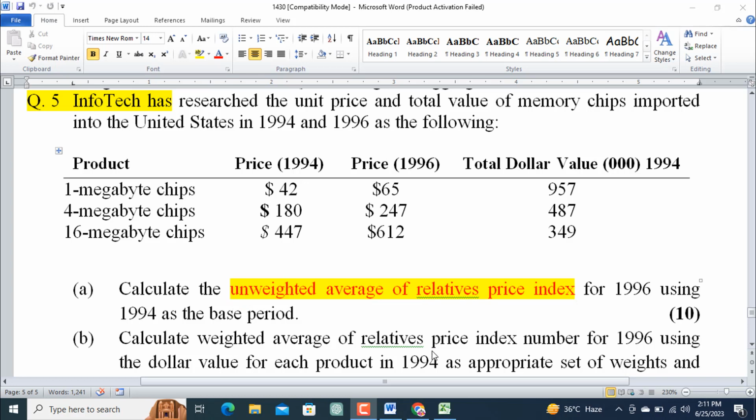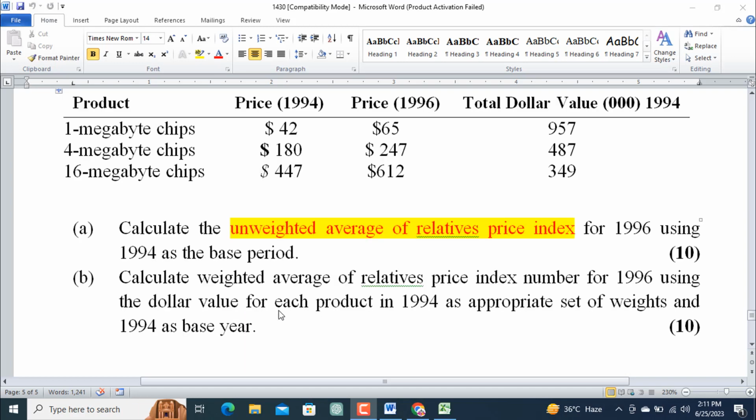Calculate the weighted average of relative price index number for 1996 using the dollar value for each product in 1994 as the appropriate set of weights and 1994 as base year. Above is unweighted and below is weighted. So let's move to the solution.